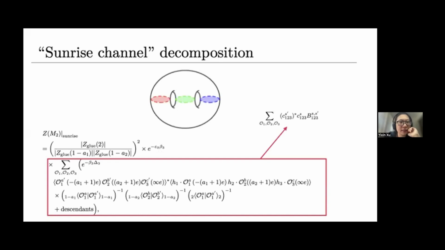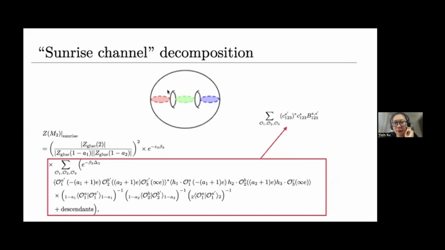Similarly, we can write down an expansion in the sunrise channel. In this case, each triplet of states will give us a resolution of identity at the three colored spheres here.